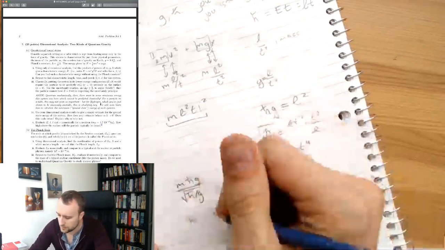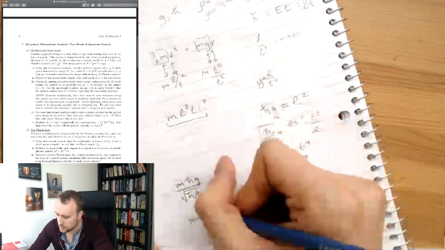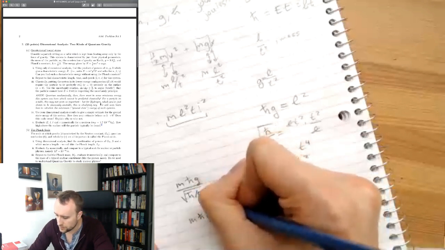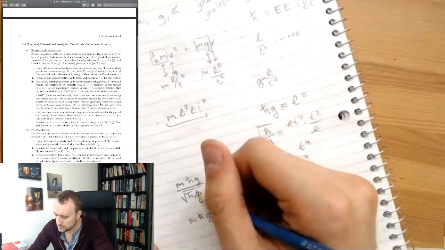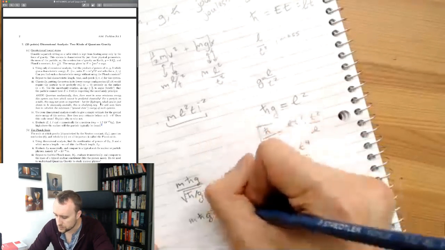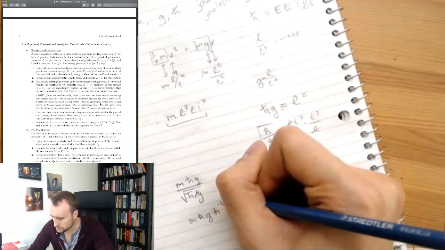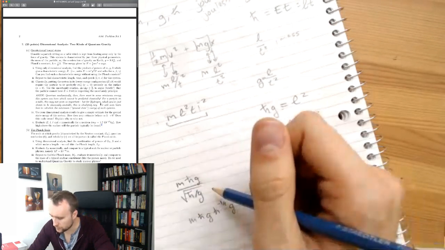So let's just go m, h g times h to the -1/2. And then this is g to the -1/2, I believe, because we've got a negative twice now.